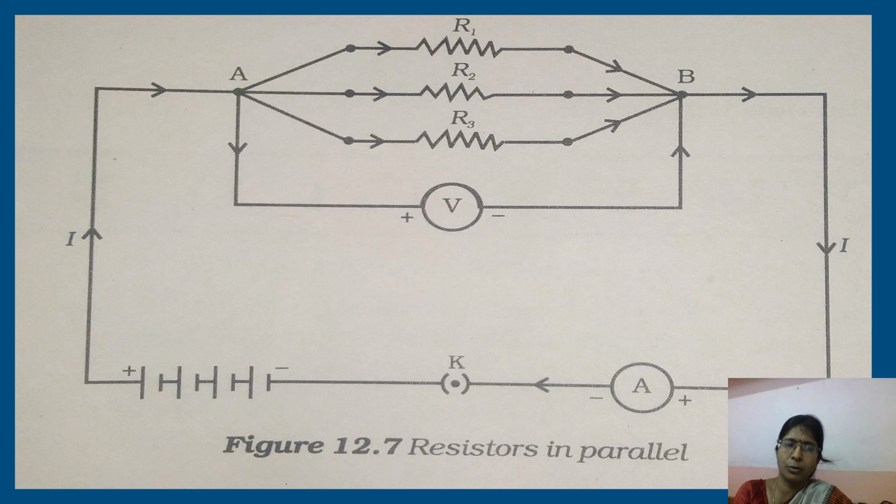Whereas the third route is from positive terminal to A, R3, B, ammeter, plug key and the negative terminal. So this circuit has three parts, that is three routes for the current to flow.